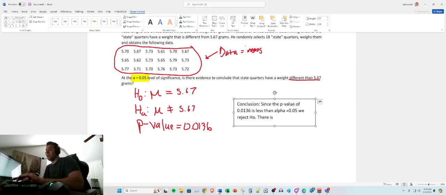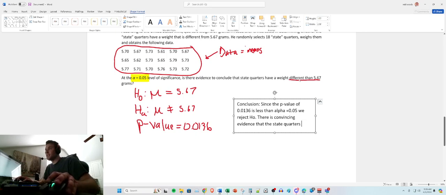There is convincing evidence that the state quarters, we can really just retype what this last question has asked here. So I'm just pretty much copying that.